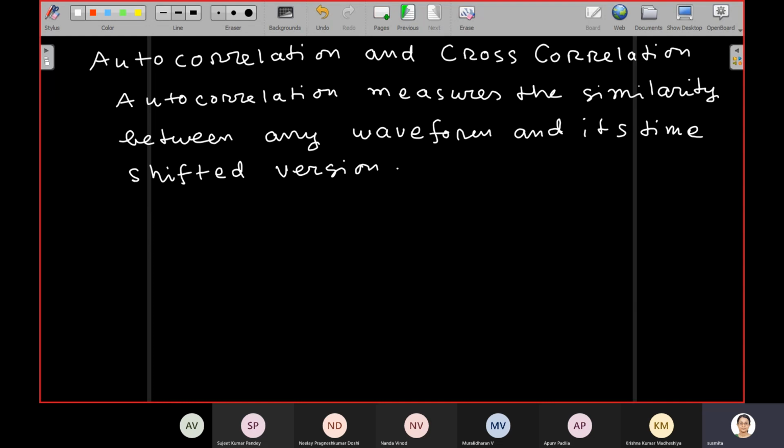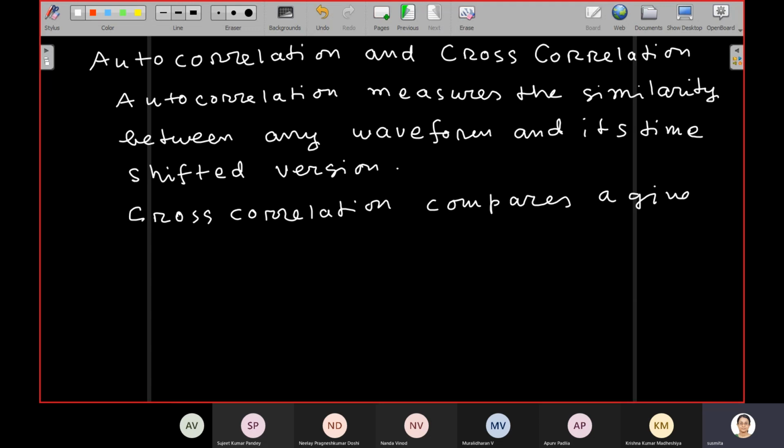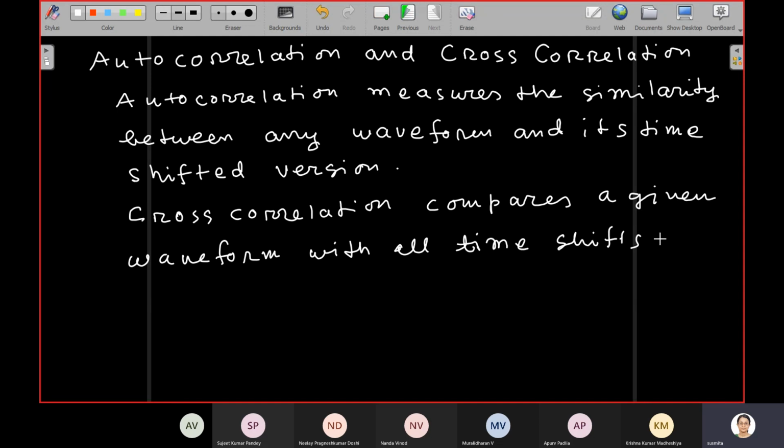On the other hand, cross correlation compares a given waveform with all time shifts of another waveform.